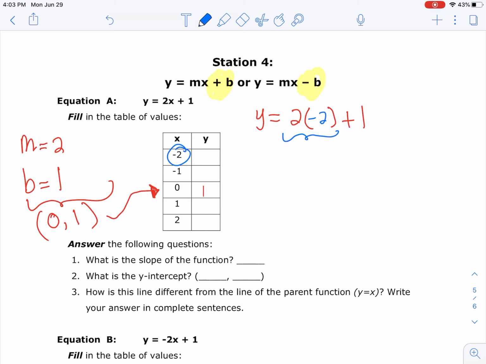So 2 times negative 2 is negative 4. We're going to bring down the positive 1, and then we add to get negative 3. So when x is negative 2, y is negative 3. All right, let's go to the next one.